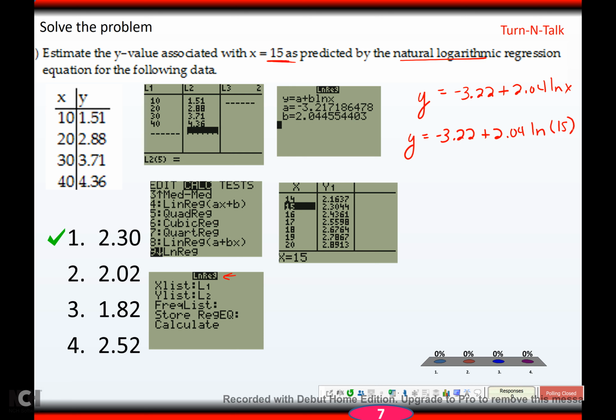If I type that in, negative 3.22 plus 2.04 times the natural log of 15, I get y equals 2.30442241. They just rounded it to 2.3, or you could do it in the table, but you'd have to type this in for y1 and then go to table at 15 and you would get your answer as well.